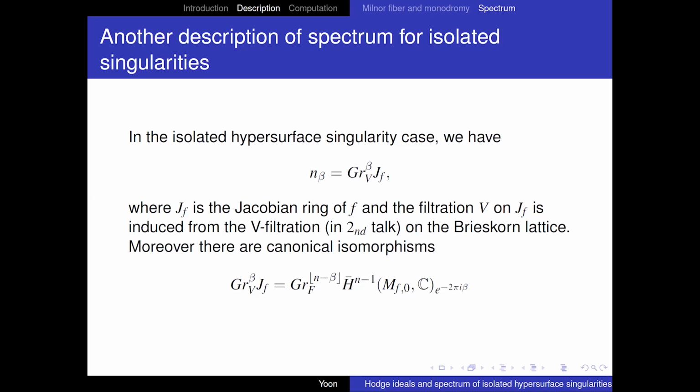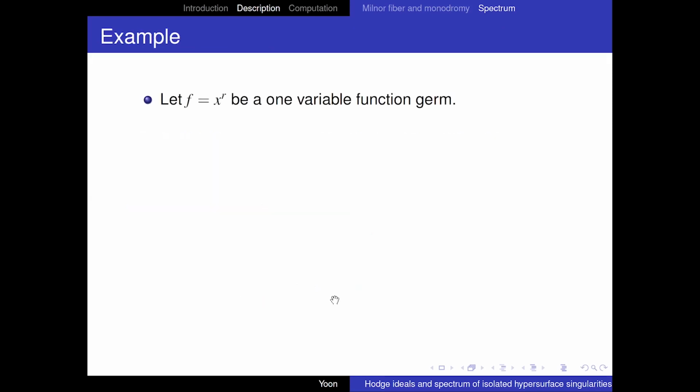So in fact, n_{f,β} is the β-graded piece of J_f, the Jacobian ideal. This is given by the isomorphism which was given yesterday by Seung-Jo.